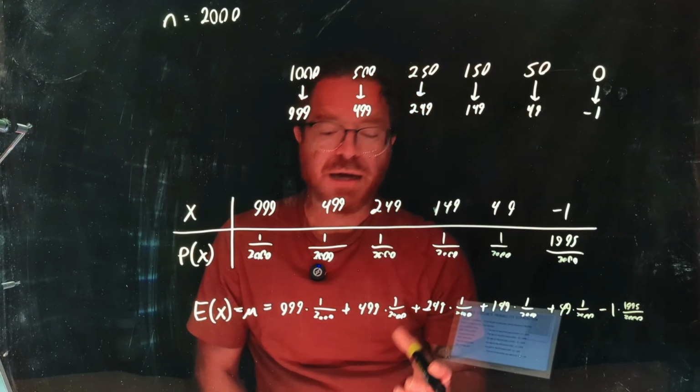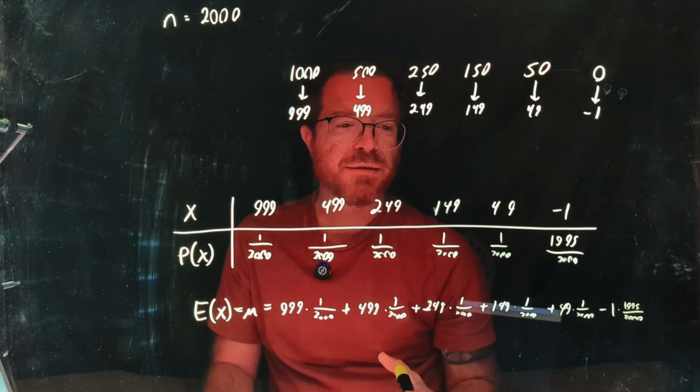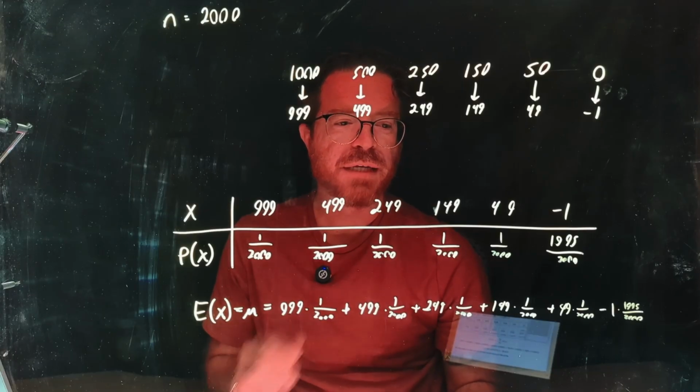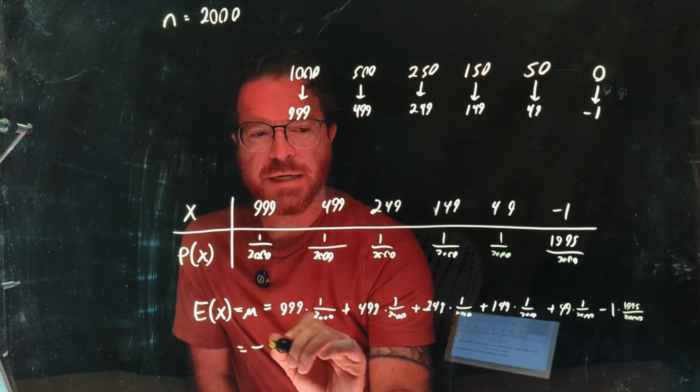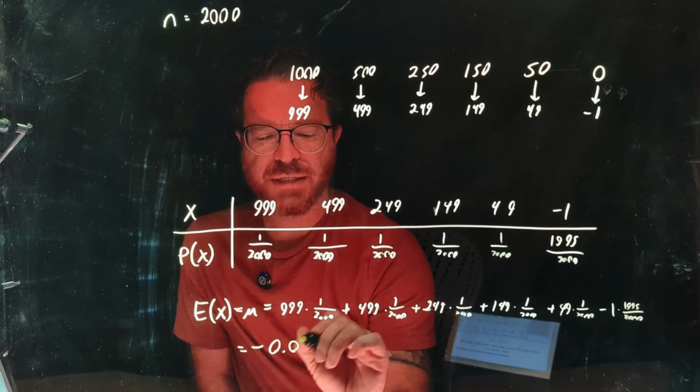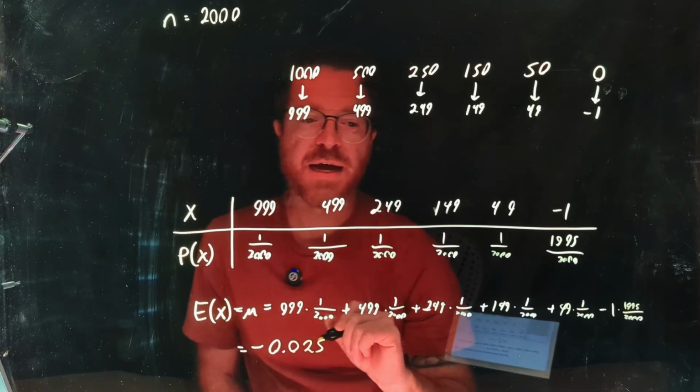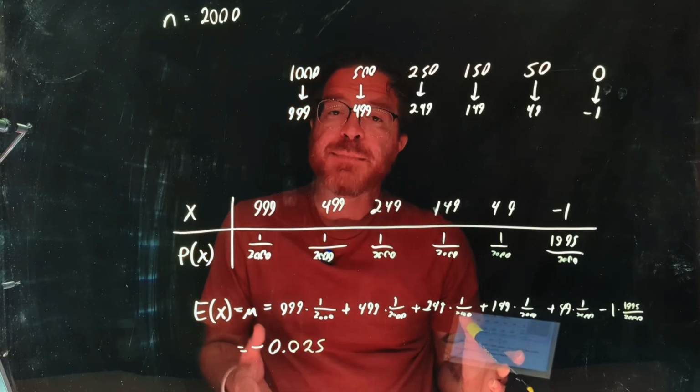And then with this, I would get a total of minus 0.025. So what does this mean?